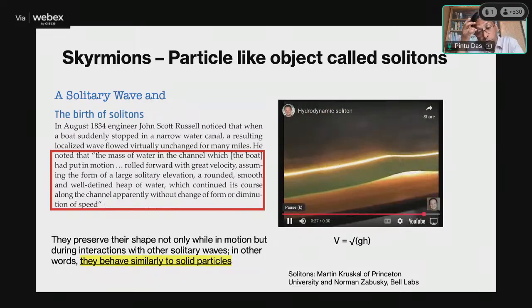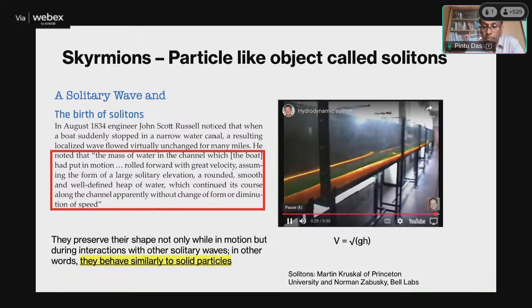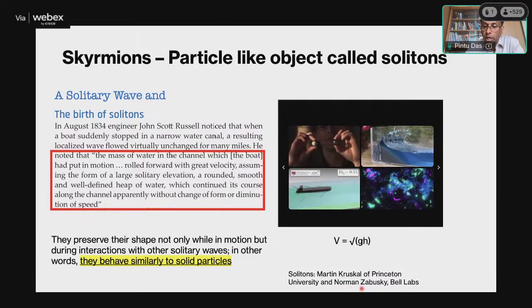The name solitons was coined by Martin Kruskal of Princeton University and Zabusky from Bell Labs. The interesting effect in this case is that these solitary waves, or the solitons, preserve their shape not only while in motion, but also during interactions with other solitary waves. In other words, they behave as a solid particle, and these particles are called solitons.